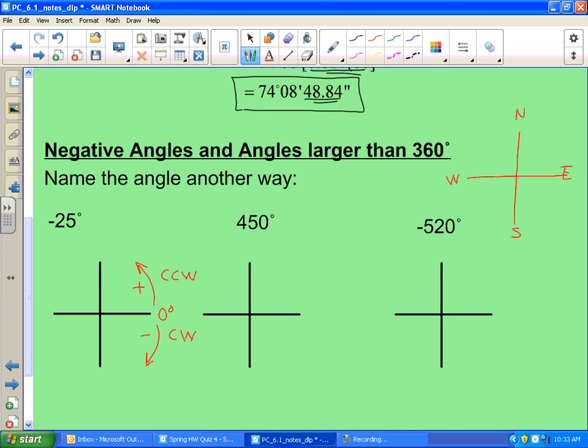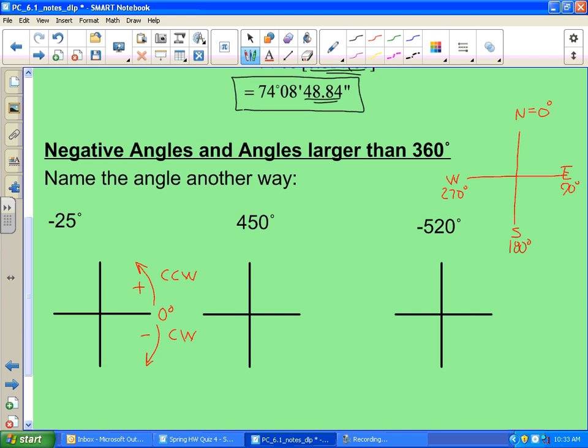And where do you think 0 is on a compass? Yeah, it's on the top. So in a compass or bearing, this is 0, and then this is 90, and then this is 180, and this is 270. So that's for like navigational purposes. Whether you're nautical on ocean type stuff or airplane, you use bearings.